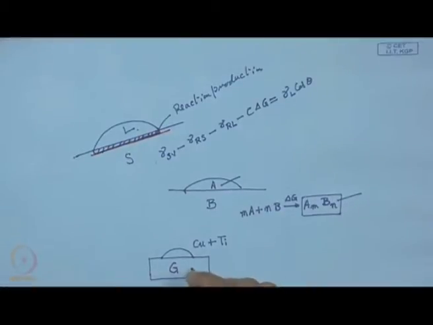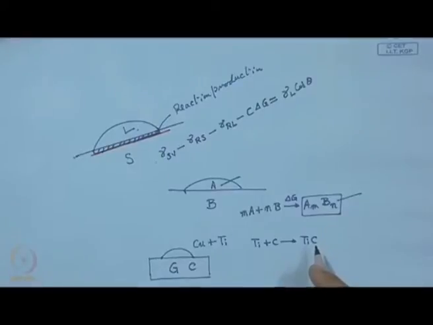However, since it is a source of carbon, obviously we expect titanium and carbon to form TiC. So, that is the reaction, and at a favorable temperature, it is expected that this titanium can react with carbon, making titanium carbide. However, this titanium carbide cannot provide any wettability towards copper.